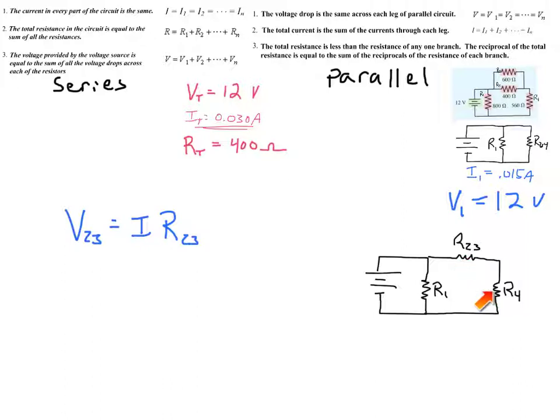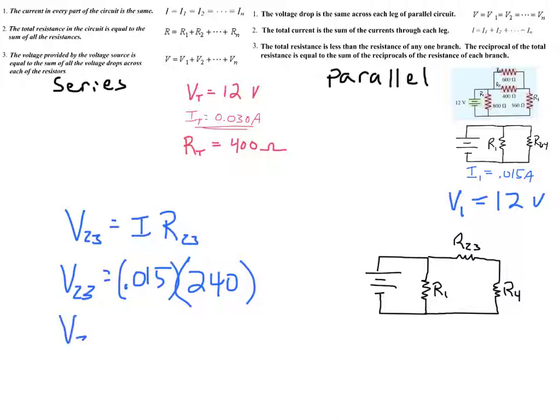So we'll start by looking at the voltage drop through resistor 23, where we know that the current is going to be 0.015 amps, and the resistance of R23, which we figured out in the previous steps, was 240 ohms. This gives us a voltage drop across resistor 23 of 3.6 volts.